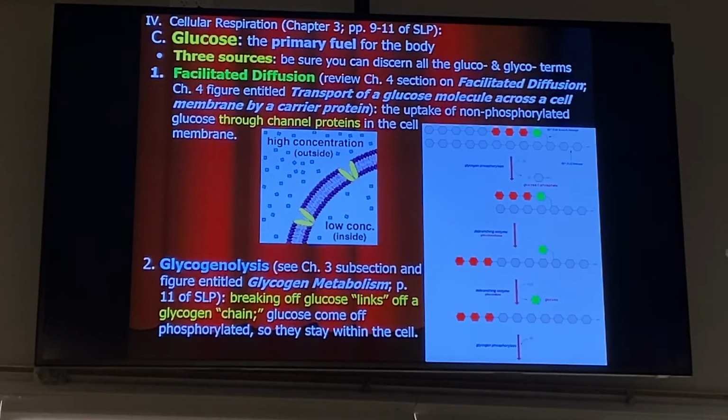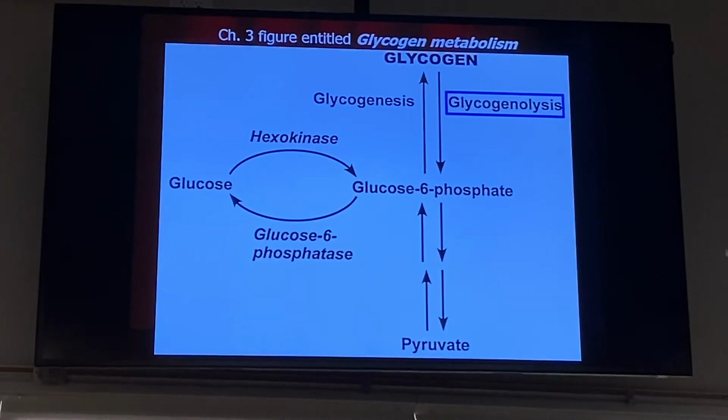Glycogenolysis, you're gonna have to keep these glue and gly words straight. There's a lot of them. But glycogen is the branch chain, and if you split it up, it's glycogenolysis. That's the second source: glycogenolysis, breaking off glucose links off the glycogen.